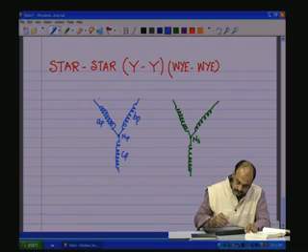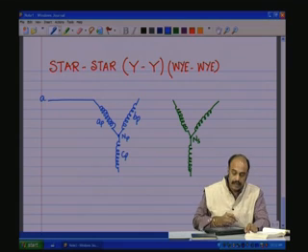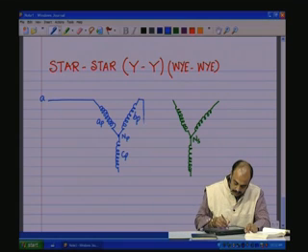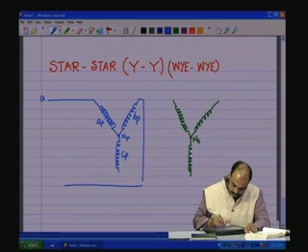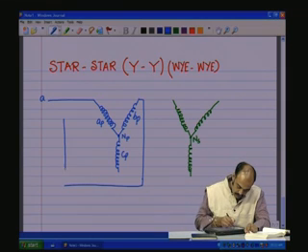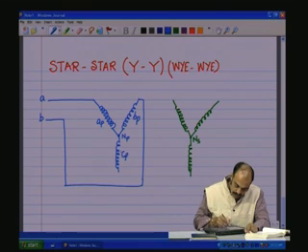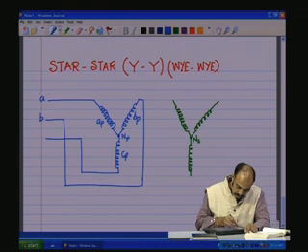Now, the A phase is connected to the A line, the B phase point is connected to the B line, and the C phase is connected to the C line on the primary.